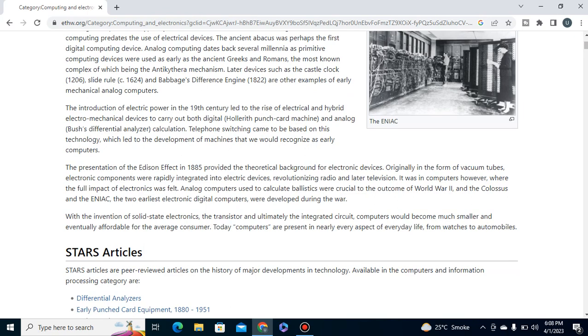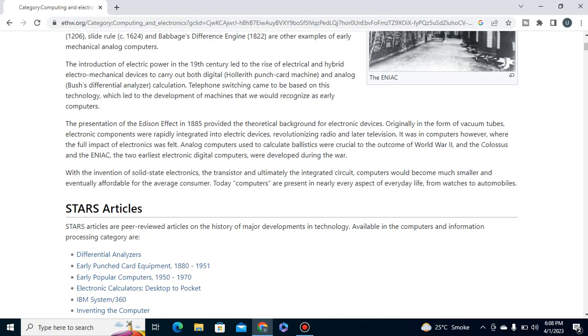Starred articles are reviewed articles on the history of major developments in technology available in the computer and information processing category.